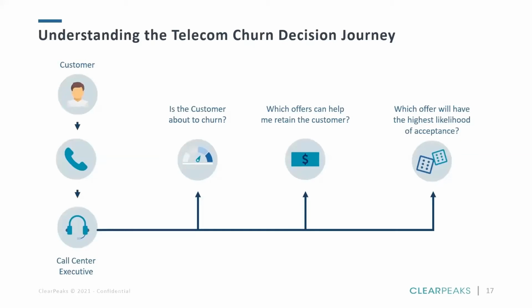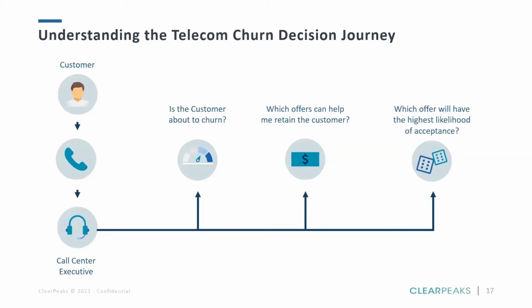What kind of help can I provide this customer, that they would accept and be retained, and be content with the offer that we are giving them and stay on the platform? So if I frame a very business question on this: which offers can help me retain this customer? So that's the next question.